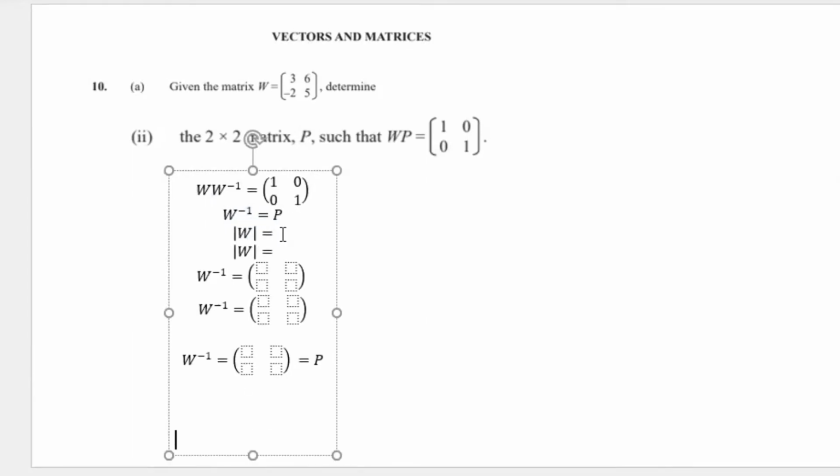So therefore, to find the determinant, we will be multiplying the first diagonal, so 3 times 5, minus the second diagonal, which is 6 times negative 2.